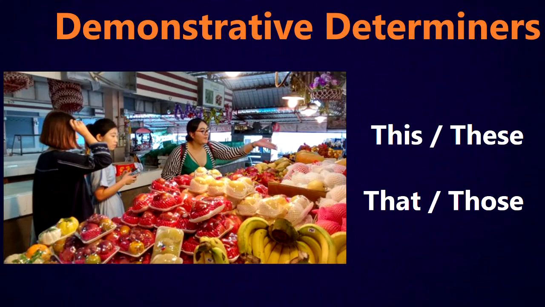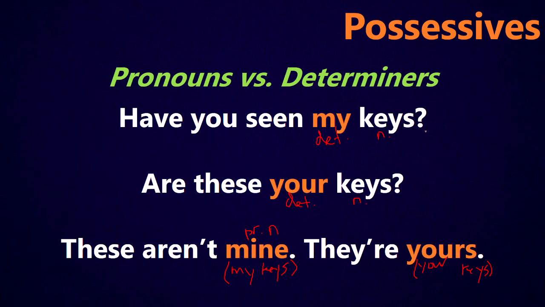Demonstrative determiners, just like demonstrative pronouns, are like pointing to something. So we have this, these, that, and those. They look the exact same as the demonstrative pronouns. So in order to tell the difference between these, if it's a determiner or a pronoun, you've got to look at the sentence that it's in. So with the possessives, we can tell if it's a pronoun or determiner usually because the forms are different.